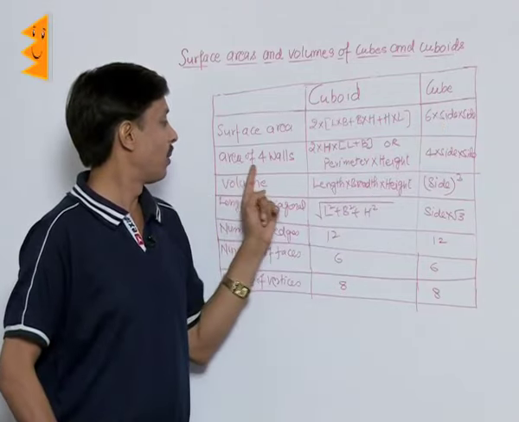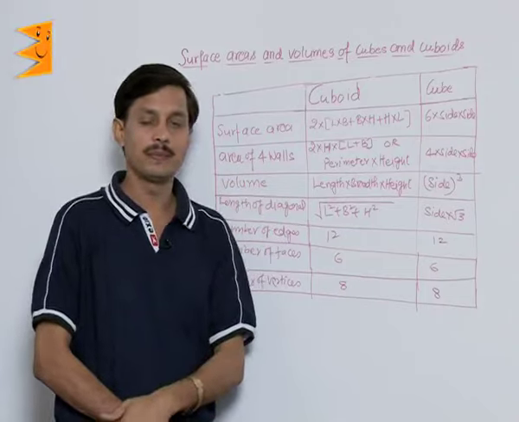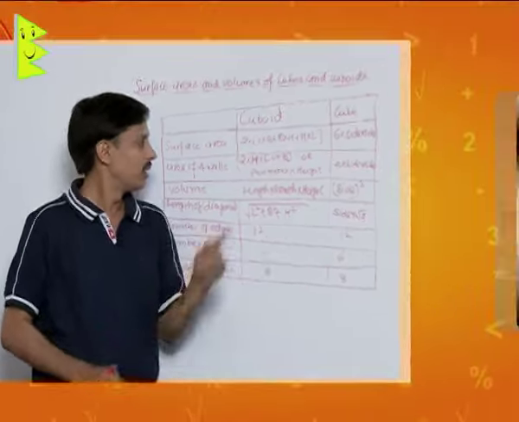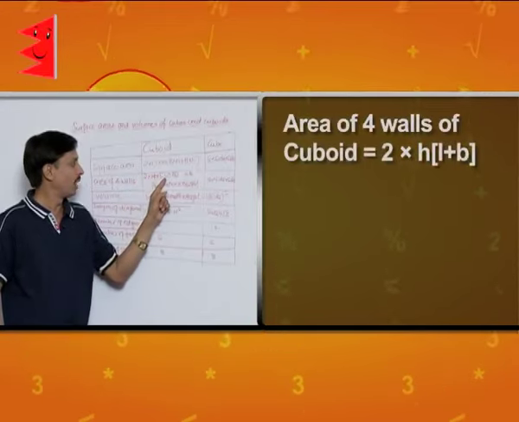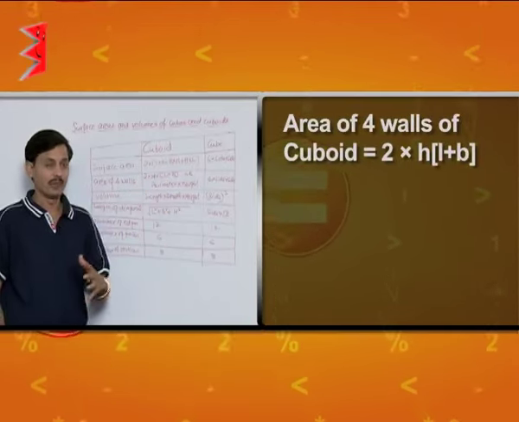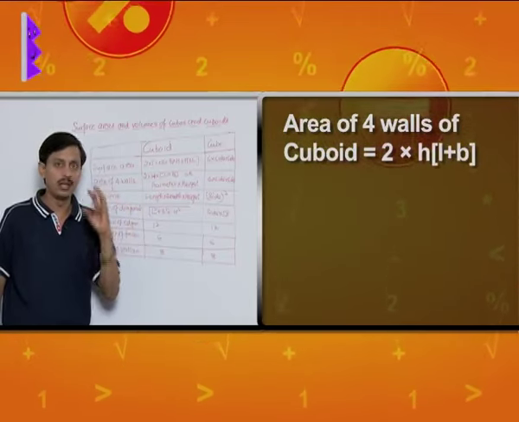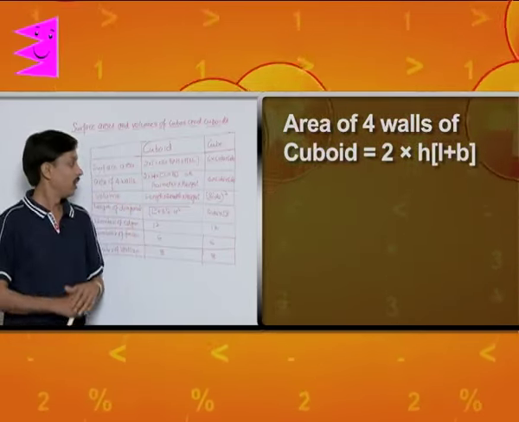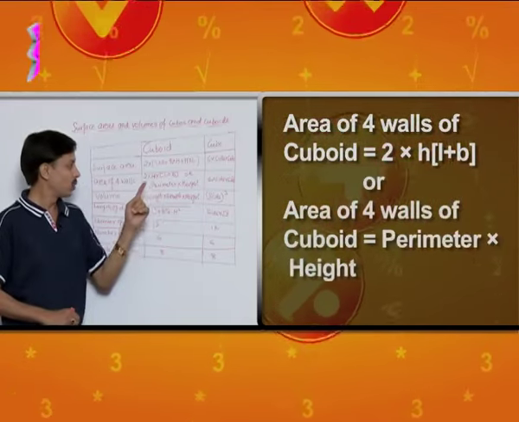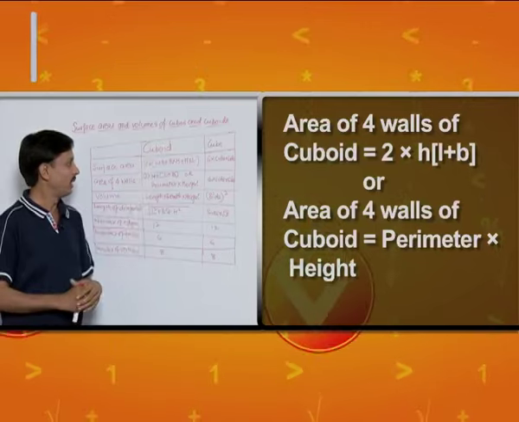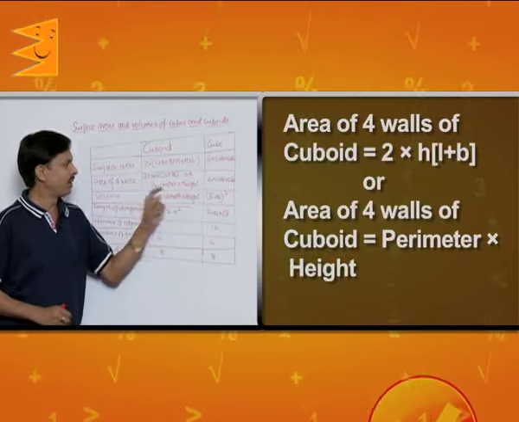Now, the area of 4 walls in case of a cuboid: the formula is 2 into height into (length plus breadth). You know 2 into (length plus breadth) is named perimeter in mensuration. So, we can say the area of 4 walls for a cuboid is perimeter into height.